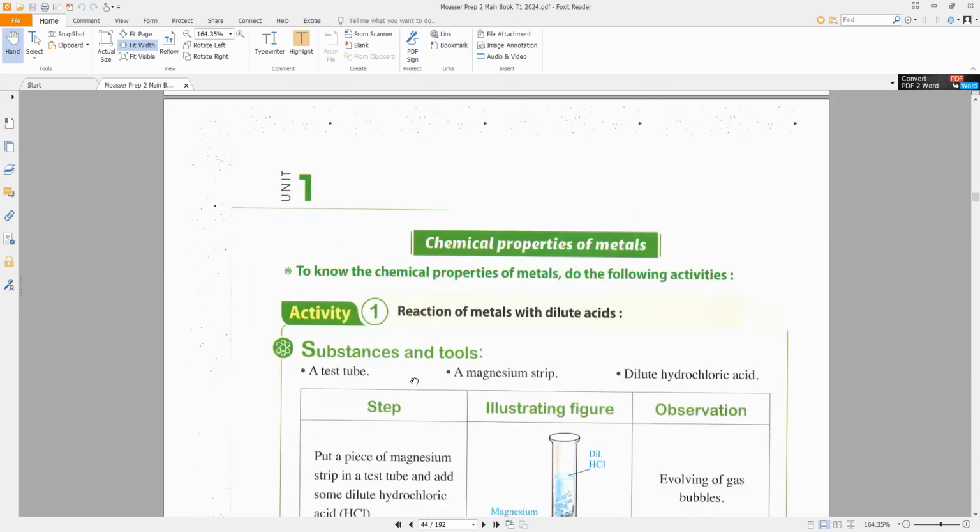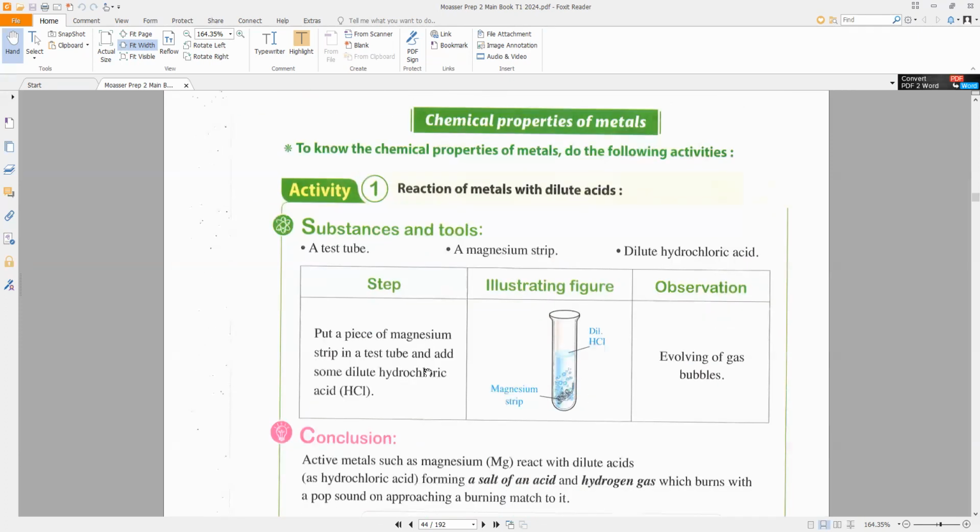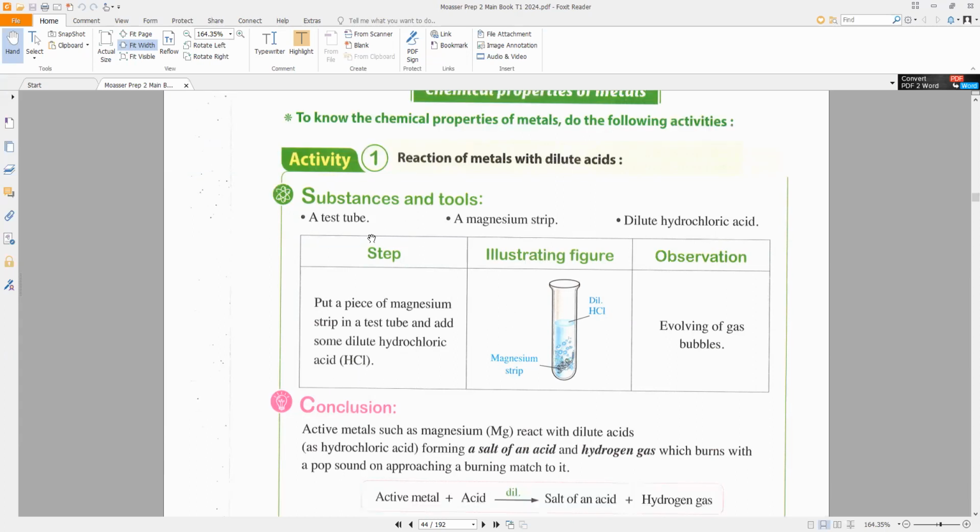We will study the chemical properties of the metal, and we see that metals tend to enter chemical reactions. So it reacts with dilute acid, and we call it dilute acid because water was added to it, it is not concentrated.